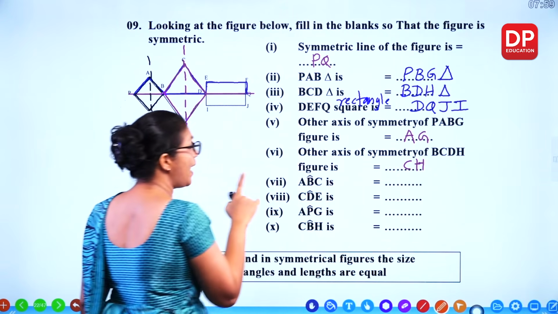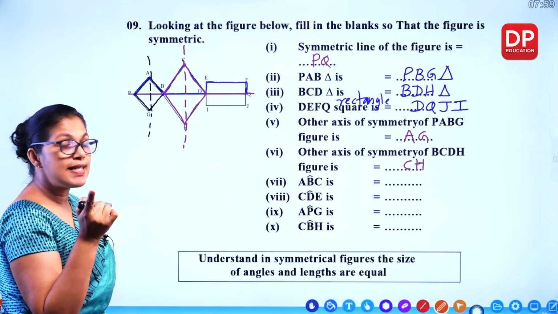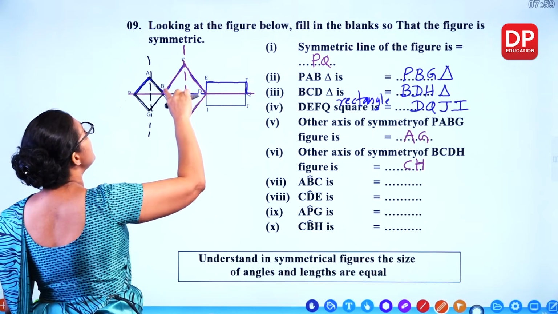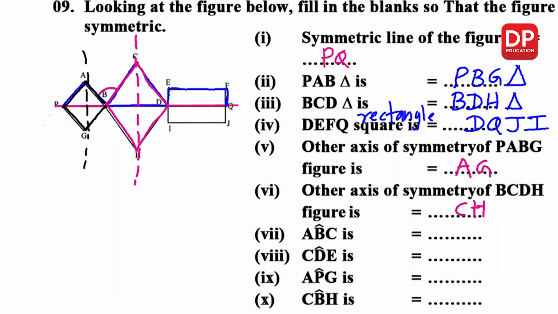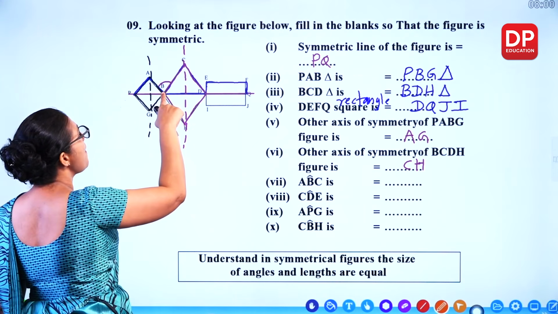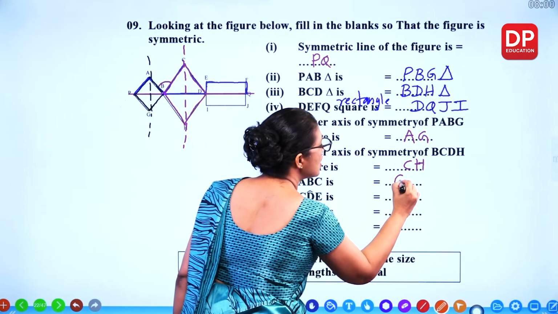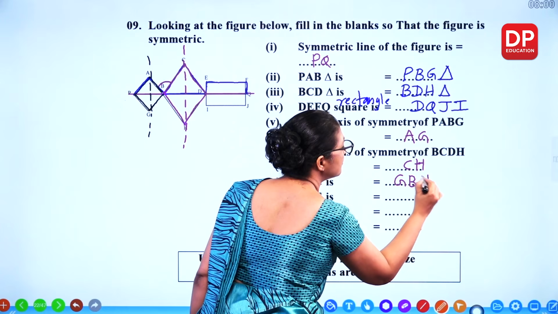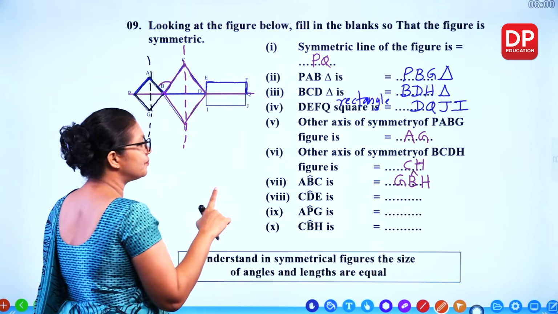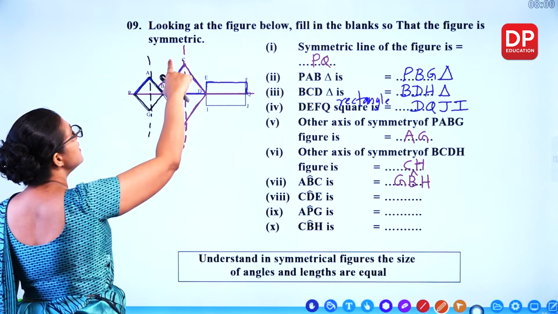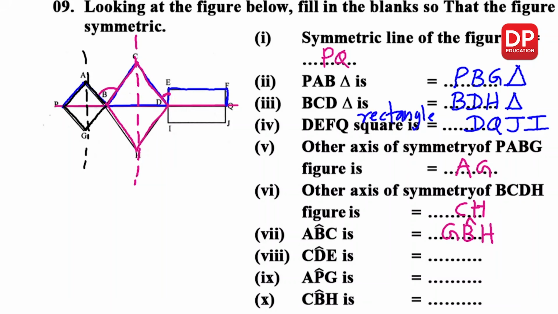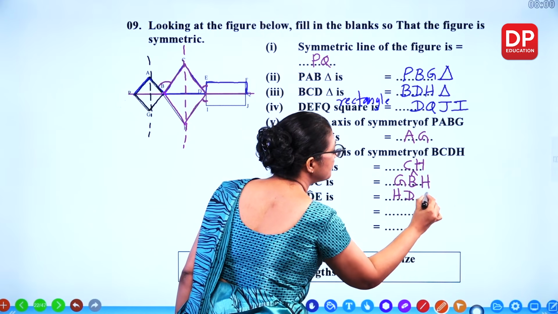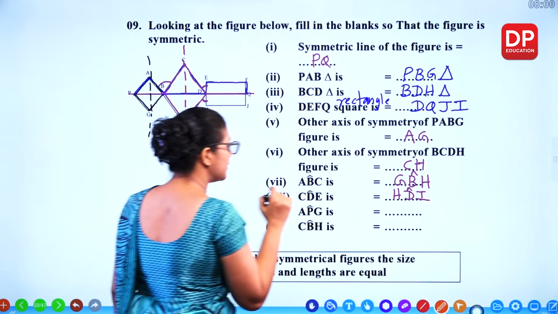Now here an angle, ABC angle. ABC angle is this one. So what's the equal angle there on the other side? GBH angle. CDE angle. This small angle is same as this angle, HDI angle.